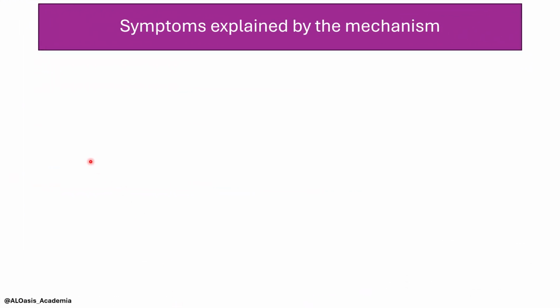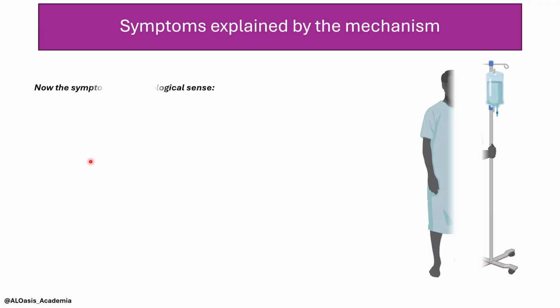Lastly, let's try to explain the symptoms we already learned in the first video about cholera, using the biological sense of what we learned today about the cholera toxin. We will link the symptoms to the biological effect, and hopefully this will make everything clear, and it's a nice wrap-up to the whole video.